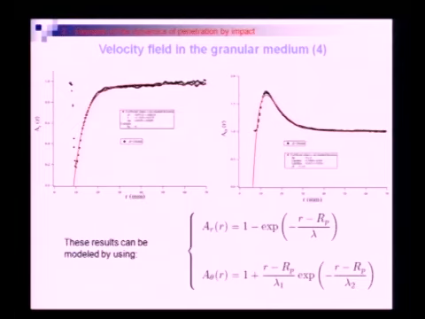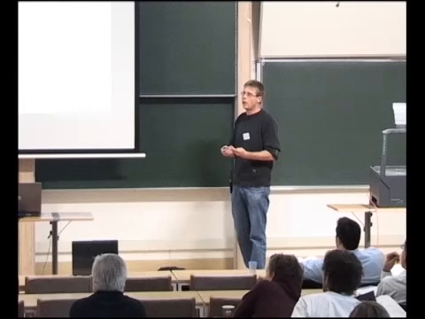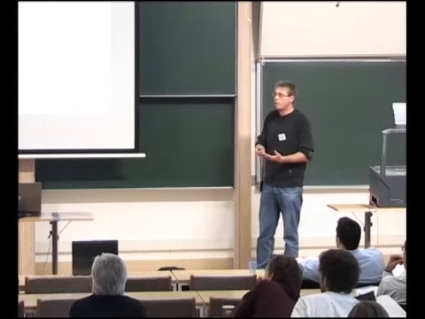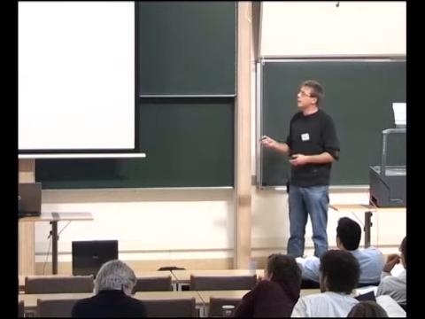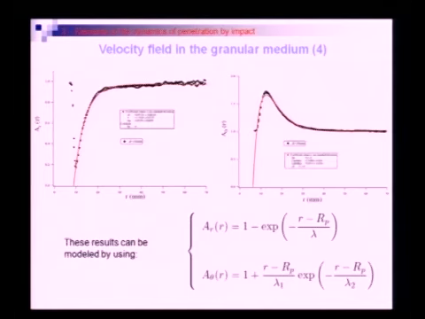We decided to model the result by an exponential behavior, because when you use a simple model of elastic collision, you can find an exponential behavior. And by using an argument of conservation of mass, you can deduce that this amplitude can be written with that form.